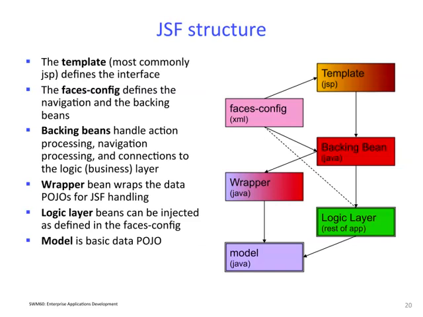Backing beans are plain Java objects that will be managed by JSF. Then we have some wrappers, which are just Java code used by backing beans, and the logic layer, which is just the rest of the application. And the model itself is the number of Java objects that we design.